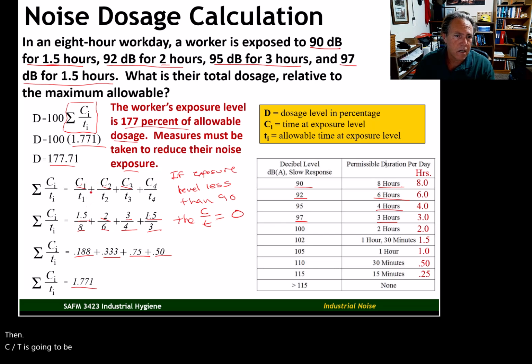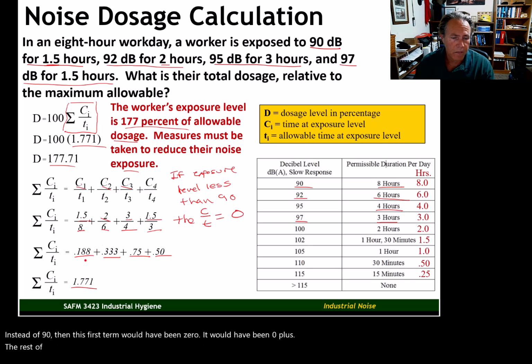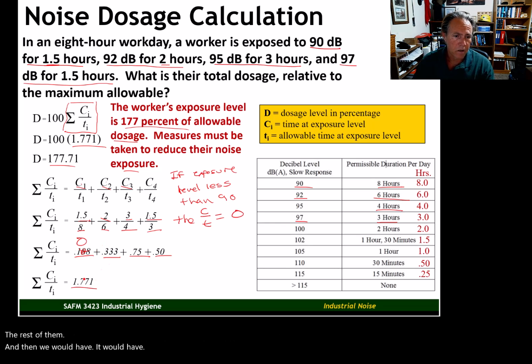So let's say our first exposure period was 80 decibels instead of 90. Then this first term would have been 0. It would have been 0 plus the rest of them, and then it would have ended up reducing the percentage of their exposure.